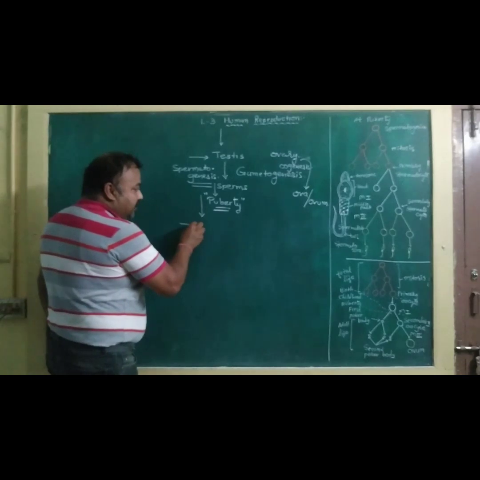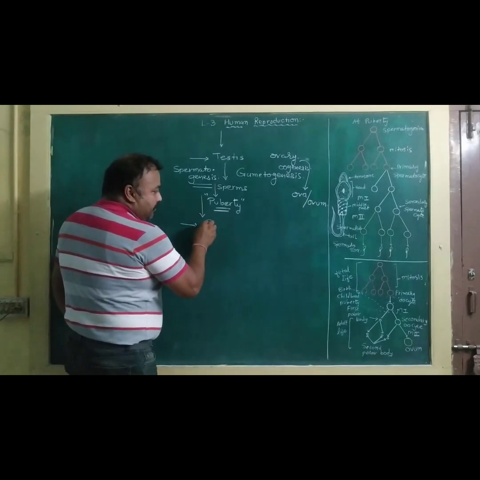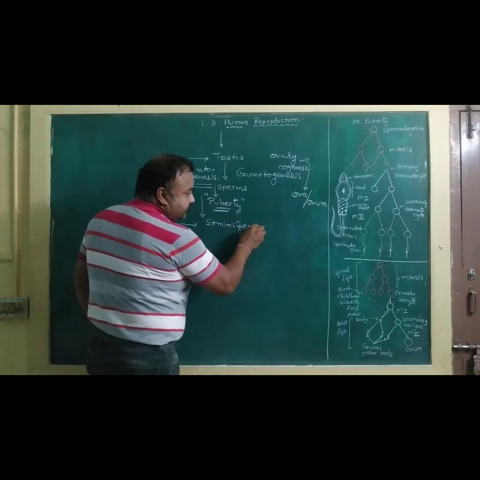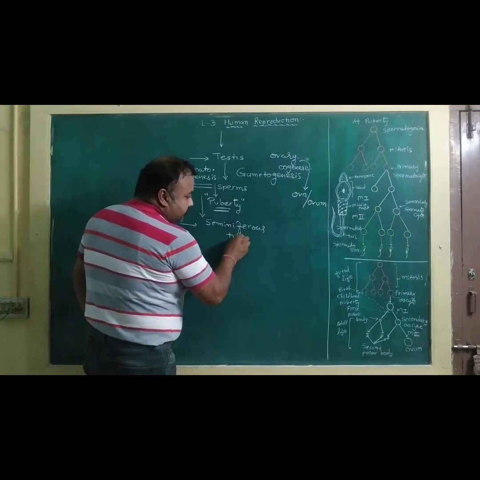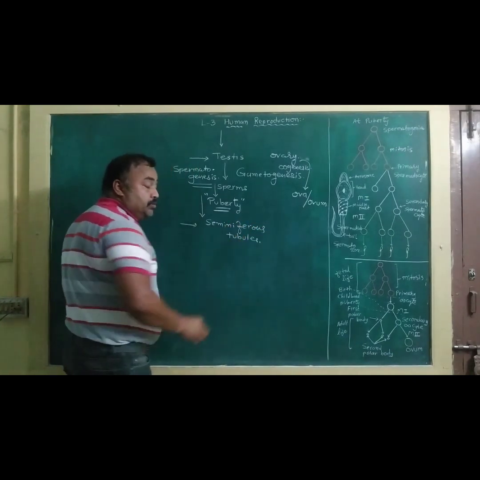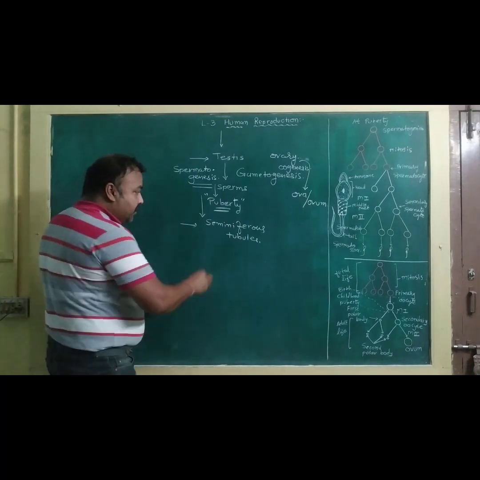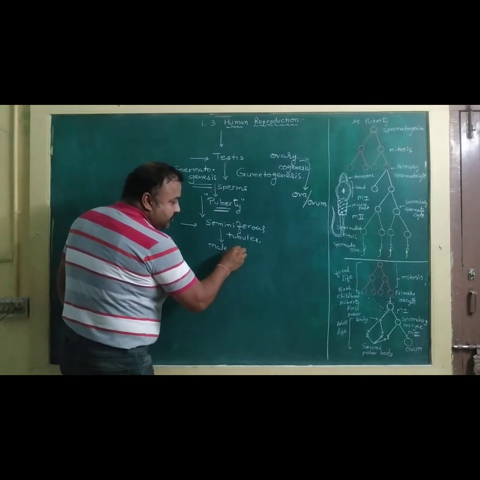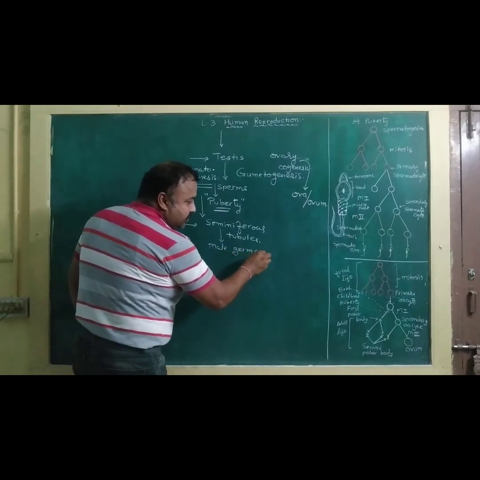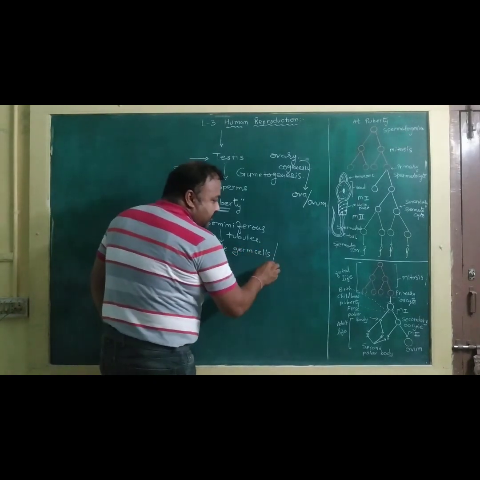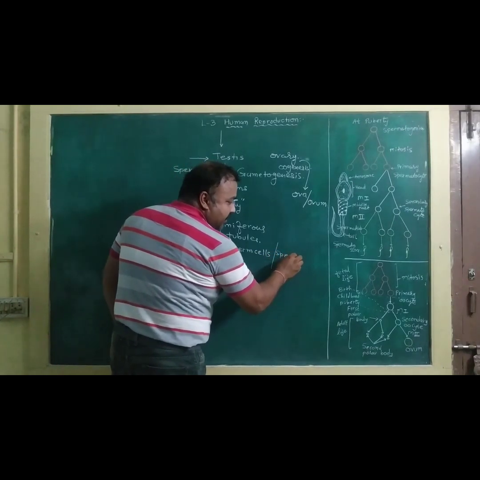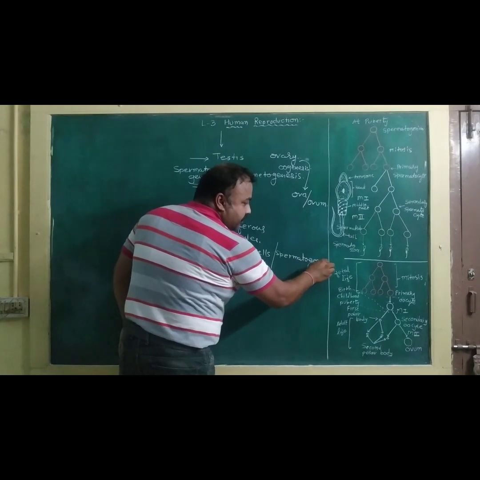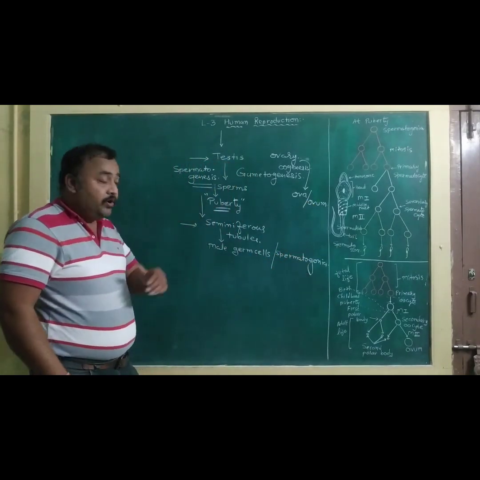Now we know that the seminiferous tubules contain two types of cells. The first one is known as male germ cells, or spermatogonia. Singular, spermatogonium.